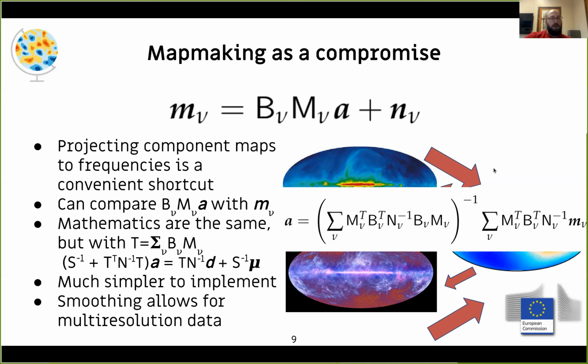With blind component methods, you don't know what the coefficients actually need to be. But because we're working in a Gibbs sampling framework, we know exactly what the spectral index parameters are, so we can compute exactly what the components are, given the SED, what the amplitudes are at the end. So this might be a more familiar framework for some people who work with, for example, just linear combination methods.